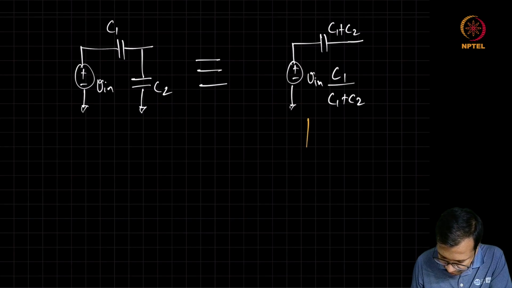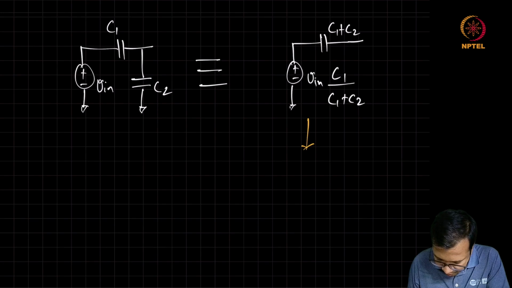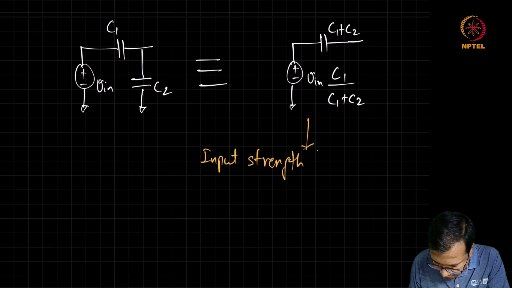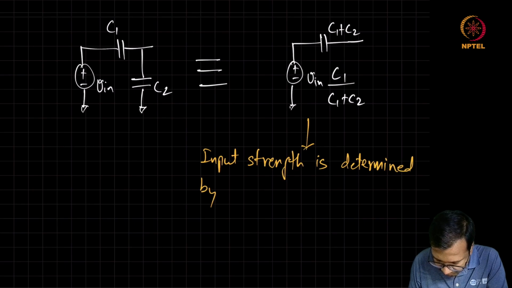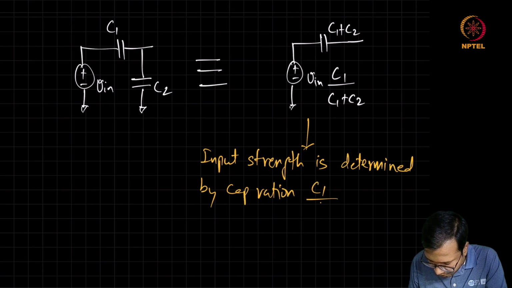Here input strength is determined by cap ratio C1 by C1 plus C2.